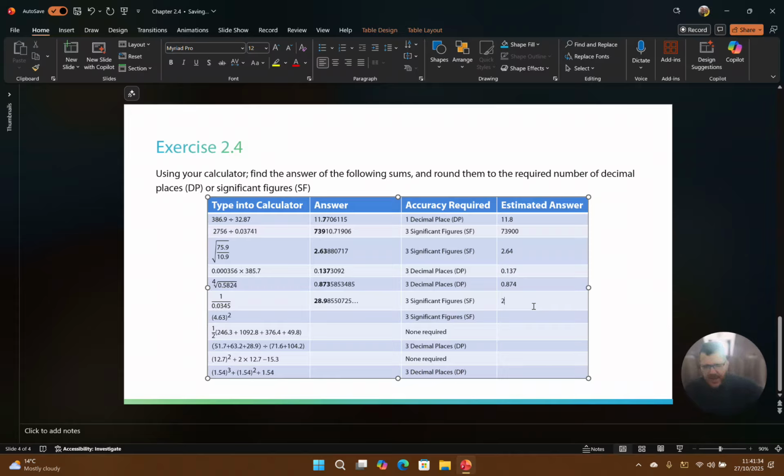But we've got 28.9, to which then the 8 rounds up the 9. But then that 9 becomes 29. And I put the extra 0 in as well, just to indicate that it is to 3 significant figures.